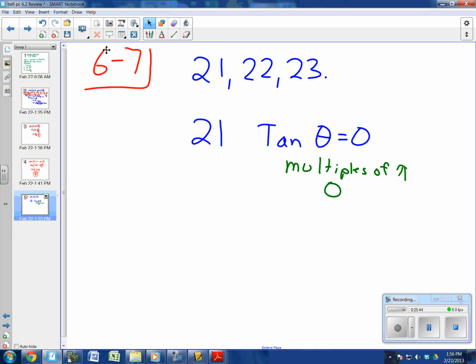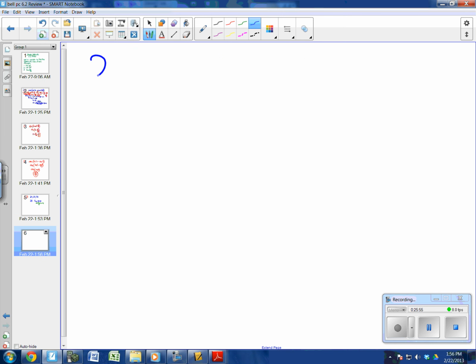Are there any other questions? 28? Okay, 28. Find the value of theta for which cotangent of theta is undefined. Well, go pick up your chart again.